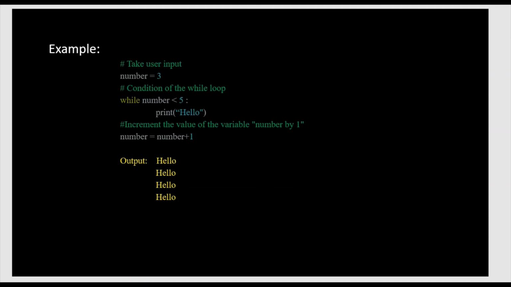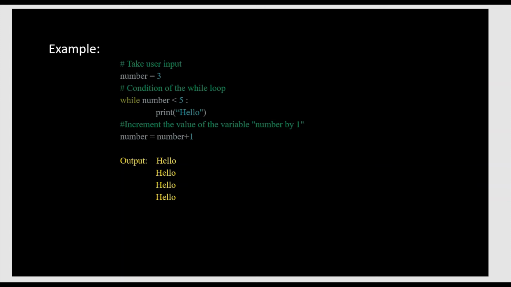Okay, we take user input, number equals 3. The condition of this while loop is while number less than 5, print hello. So up to 5, the word hello will be printed. Then we want to increment the value: number equals number plus 1. It is used for adding, because each rotation it will store one value.